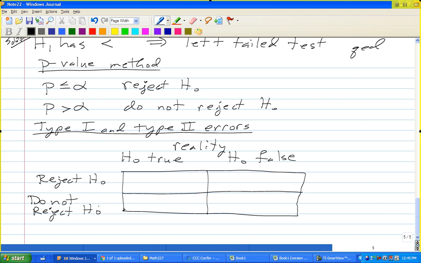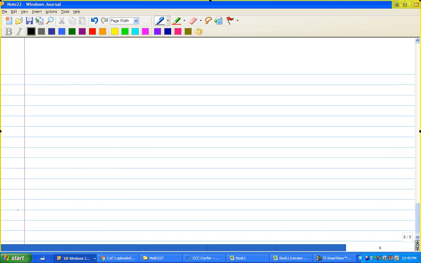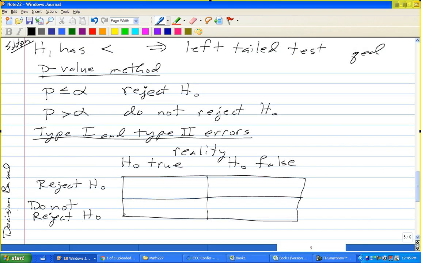So this will be some sort of decision based on the hypothesis test.